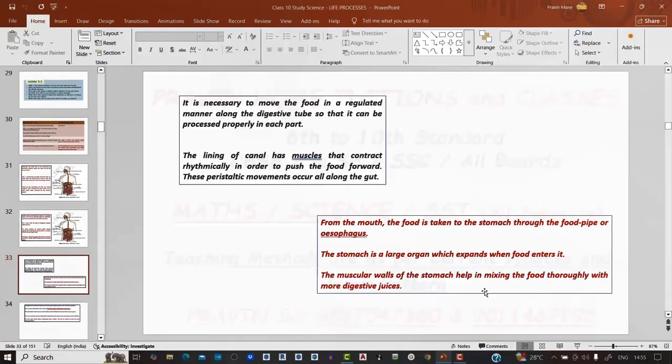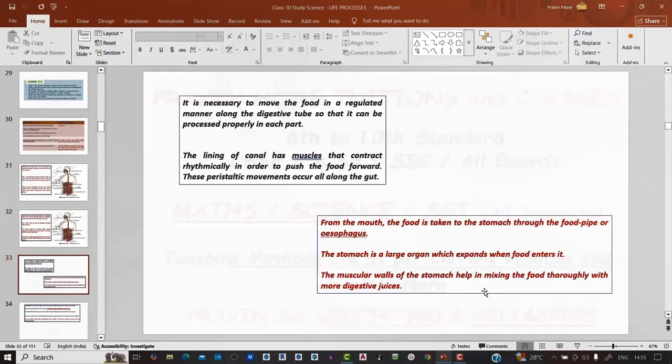To move food in the esophagus, peristaltic movements occur along the lining of the canal. As you know, this canal is made up of muscles that contract rhythmically, and this creates peristaltic movement.